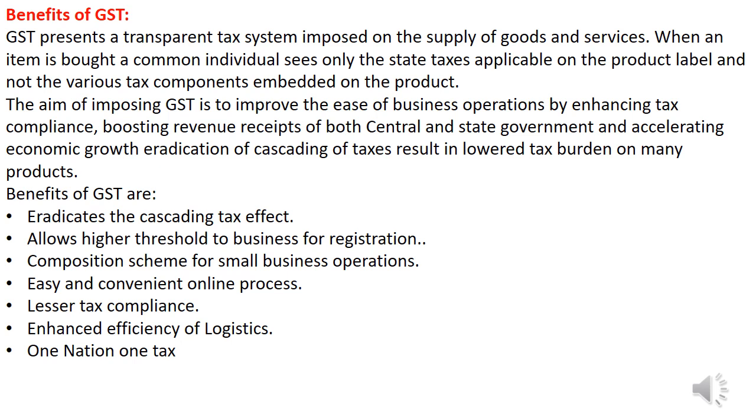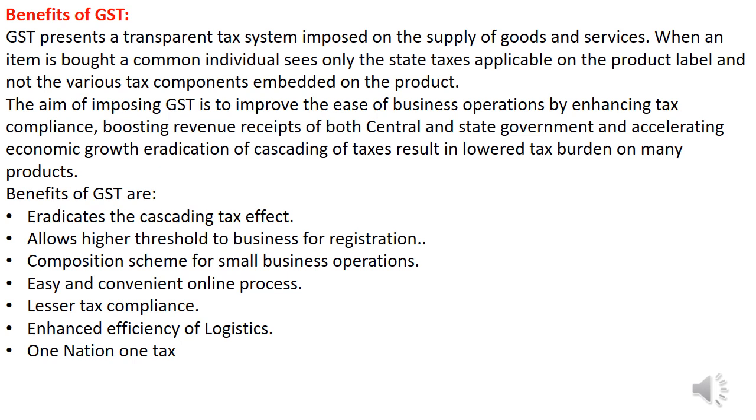So in gist, GST makes a transparent tax system and eradicates the burden on many products. In general, the benefits are: eradicating the tax effect, a higher threshold for business registration, a composition scheme for small business operations, an easy and convenient online process, lesser tax compliance, enhanced efficiency of logistics, one nation, one tax.